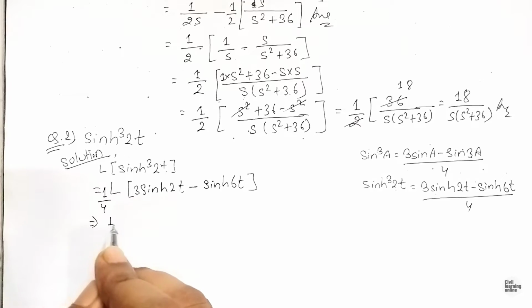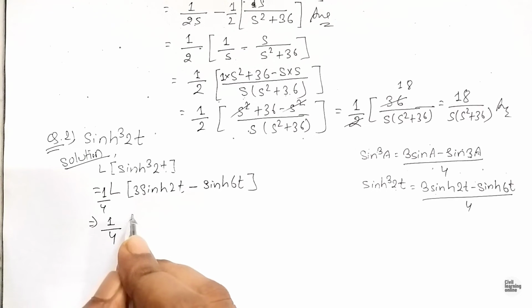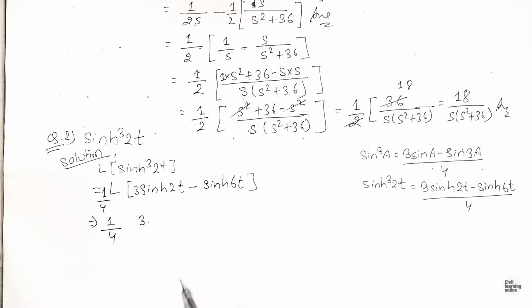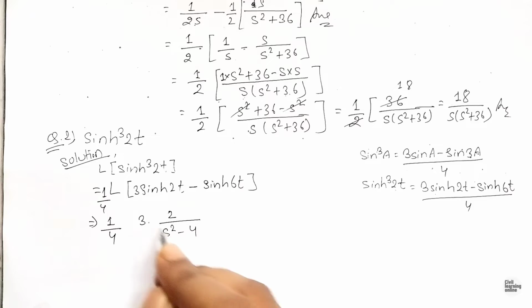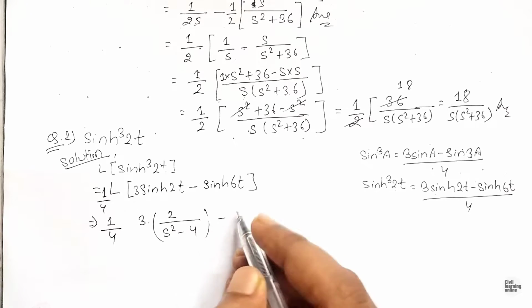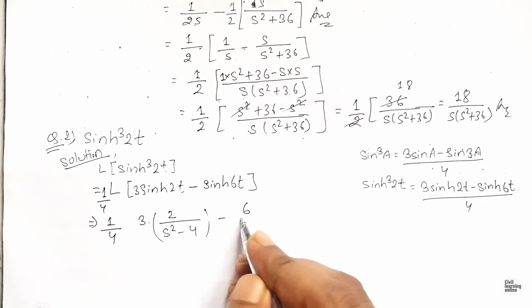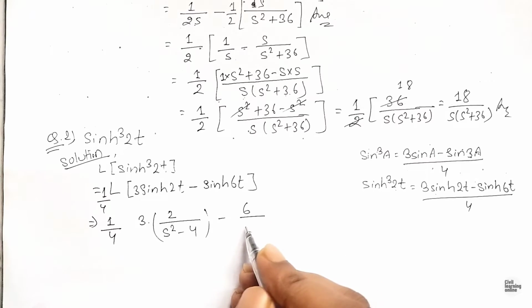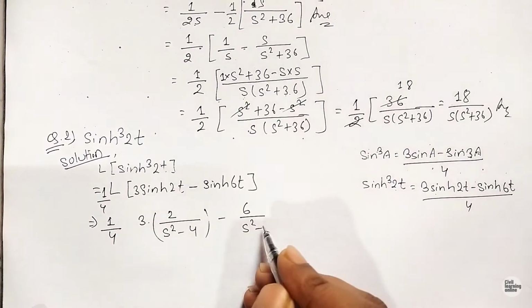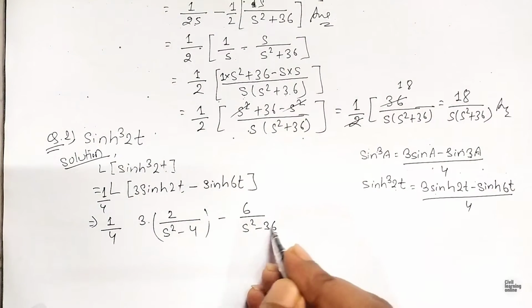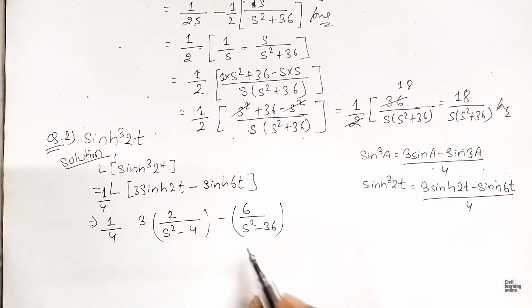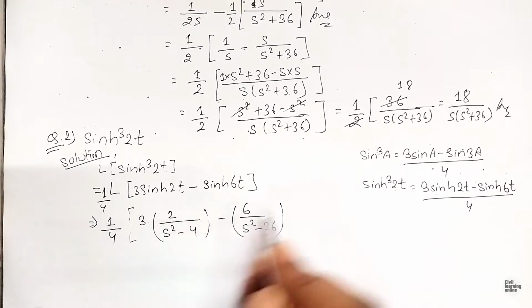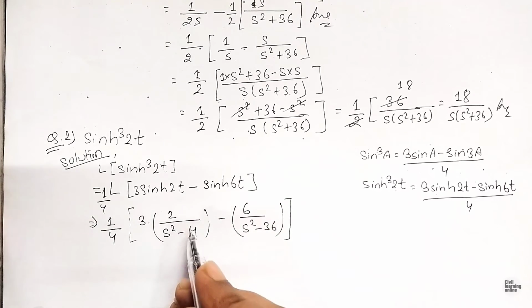Now what we can do here, 1 upon 4 times 3, and the sine hyperbolic at formula is a upon s square minus a square, so 2 upon s square minus 4, minus sine hyperbolic 6t, again a upon s square minus a square, means 36. So this is what we will have here. Just put this bracket for multiplying by 1 by 4.